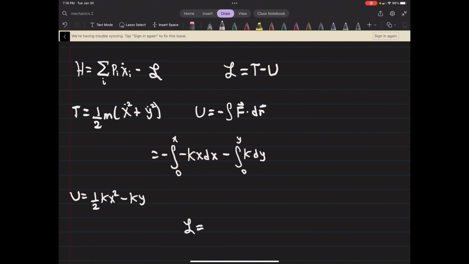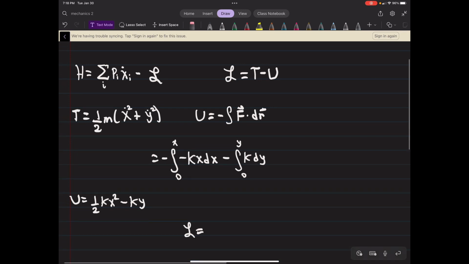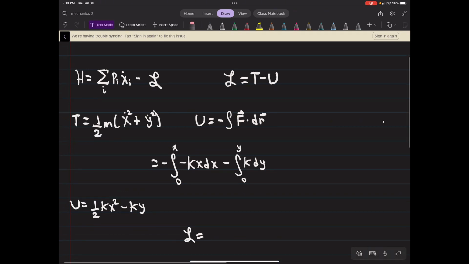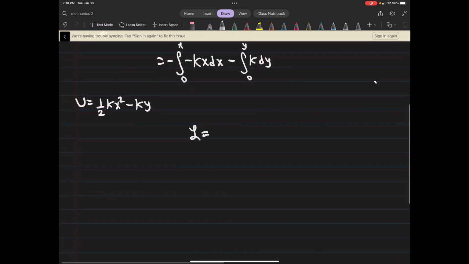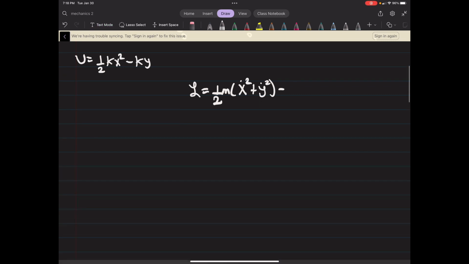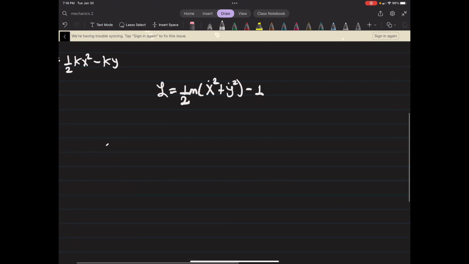Then our Lagrangian is going to be 1/2 m (x dot squared plus y dot squared) minus 1/2 kx squared plus ky.